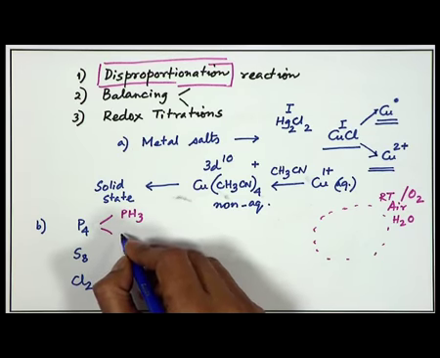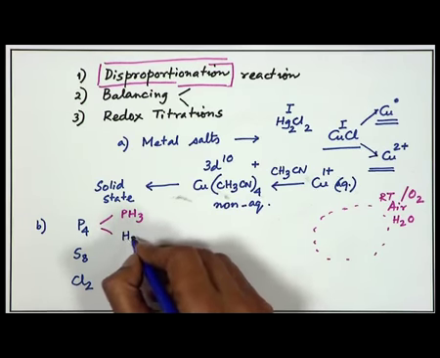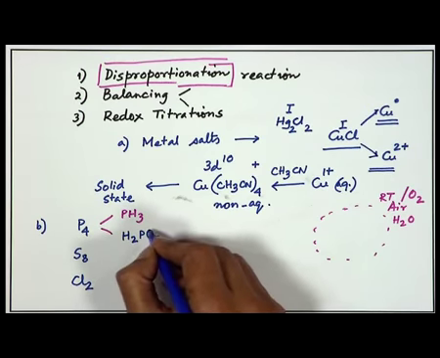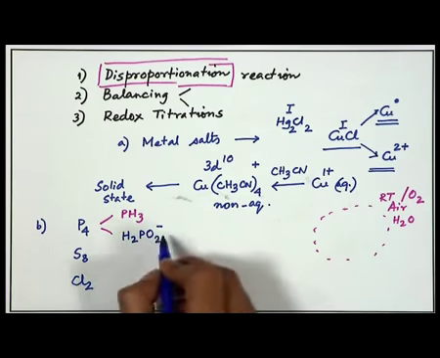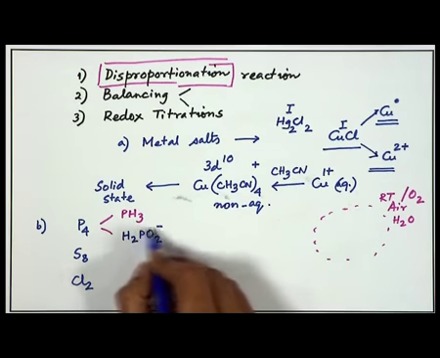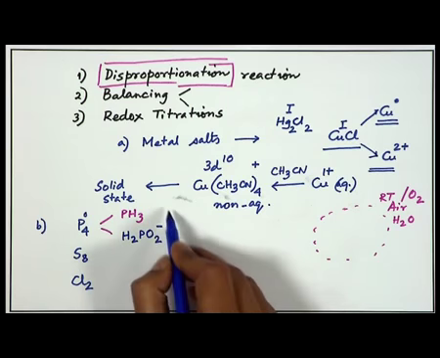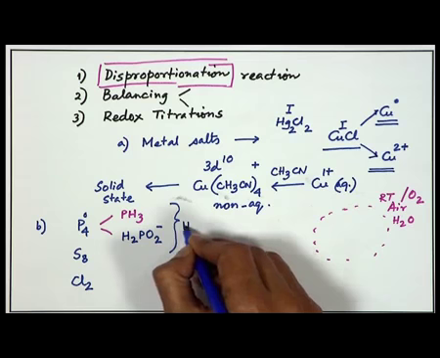The other species can be the corresponding oxidized form, some phosphorus-oxygen based species, H2PO2 minus, the hypophosphite ion, where you have phosphorus in an oxidized form from the zero state. This particular reaction can take place in basic medium.